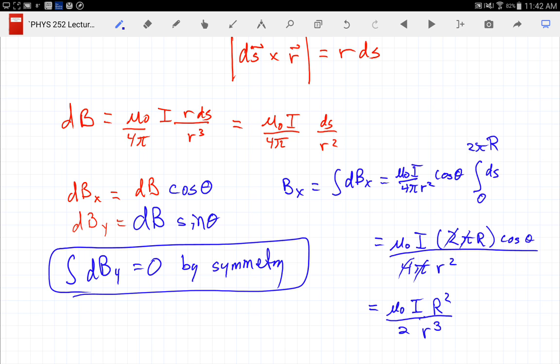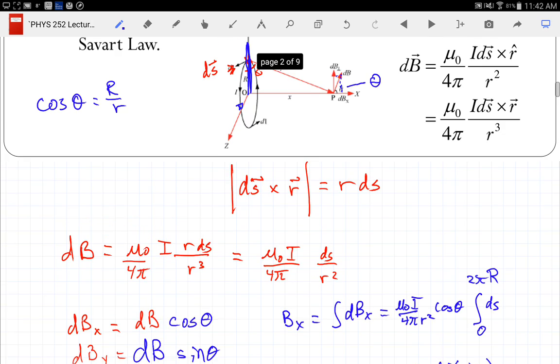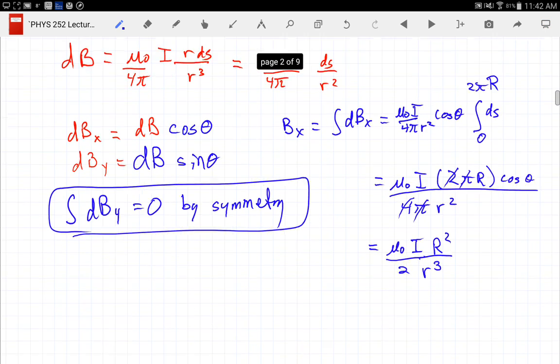I'm done except for one thing. We usually want it in terms of x, how far away we are, and capital R, the radius, not r. And so I will actually replace r with the square root of x squared plus capital R squared.